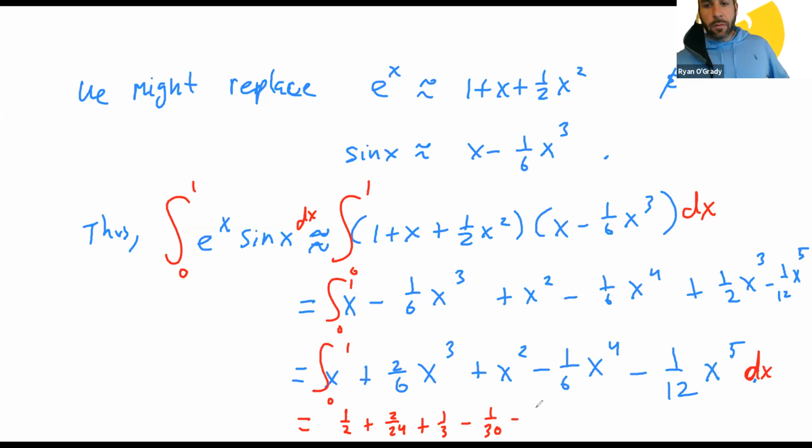No, 72. Which one did I forget? When I integrate 1, I get x squared over 2, so that's 1/2. This becomes 2 over 24. This becomes 1/3. 5 and 6 is 30. And then what's 6 and 12? Well, 6 and 10 is 60 plus 12 more, so 72.